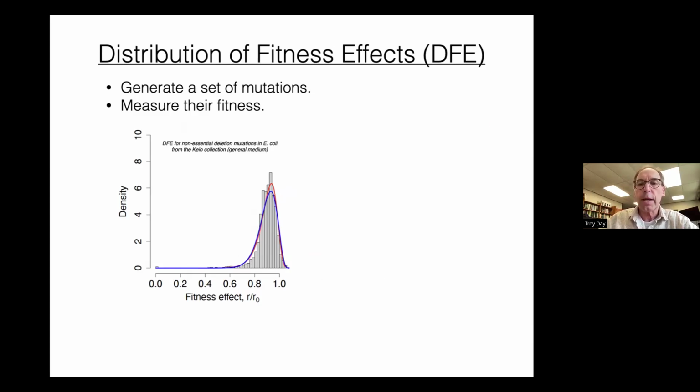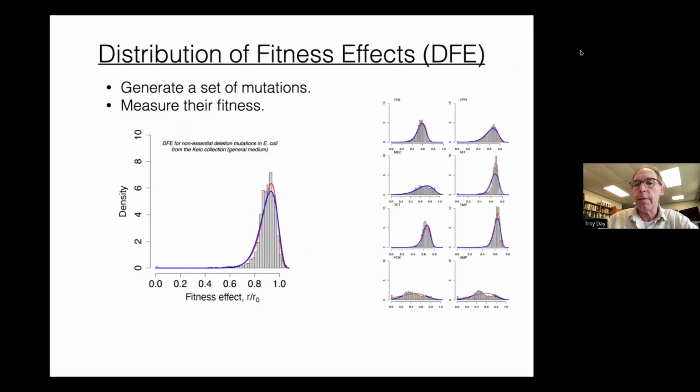It's also interesting that if you measure that fitness effect distribution in different environments, not surprisingly, you get a different result. So on the right here are the same mutations measured in 8 other environments that are characterized by different antibiotics in this case. And you see very different shapes. And the question is, why did they have those shapes? And can we somehow build an evolutionary model to predict that distribution shape?